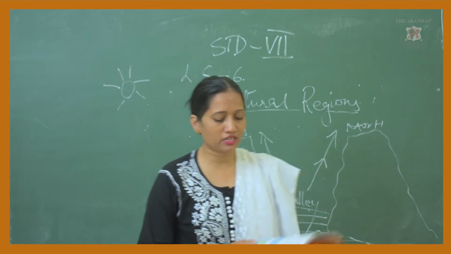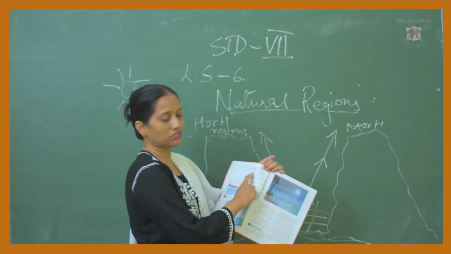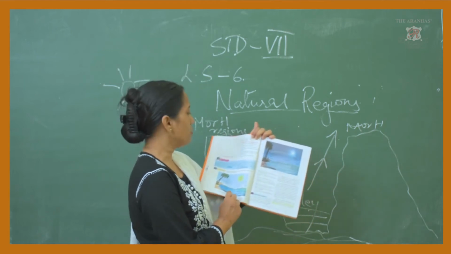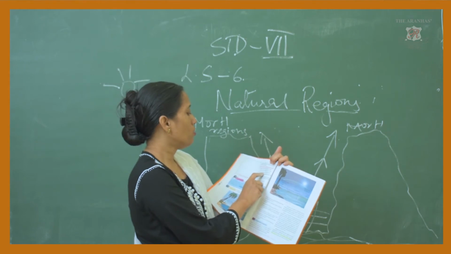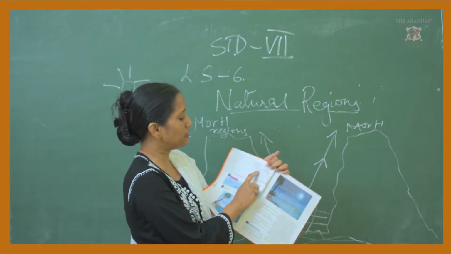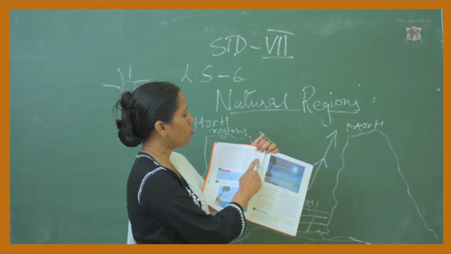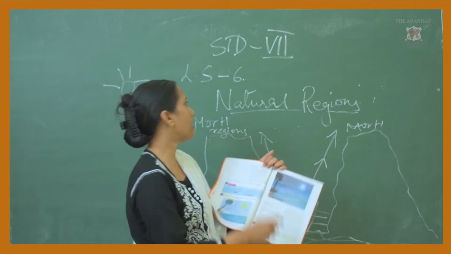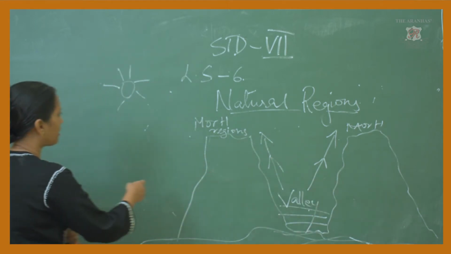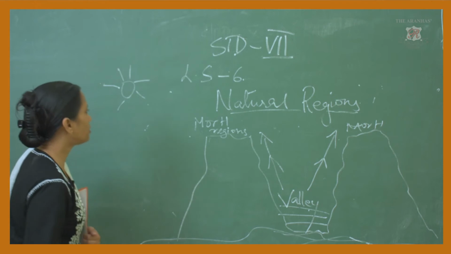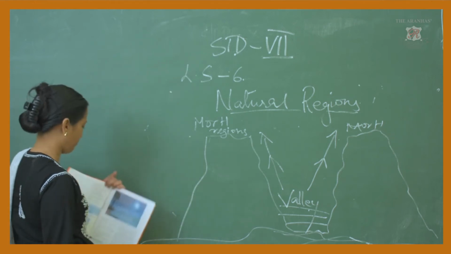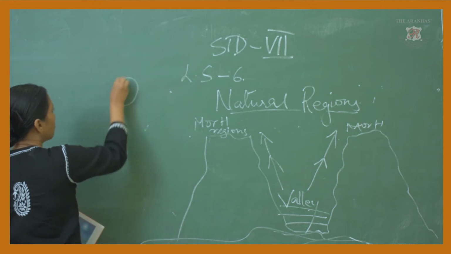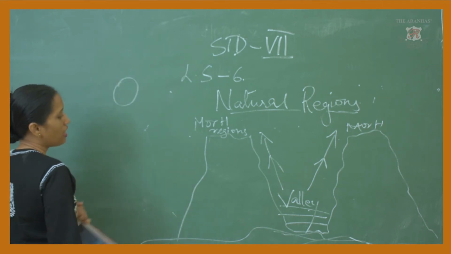And over here, on page number 24, the characteristics of the mountain breeze are given. The first sentence itself says the mountain cools down quickly at night. So now the same diagram, but here instead of the sun, we are going to have a moon.